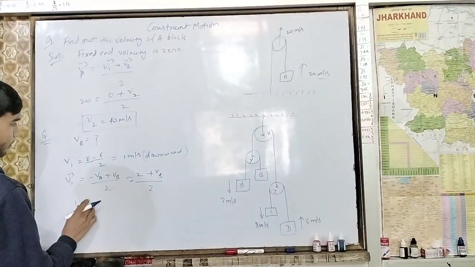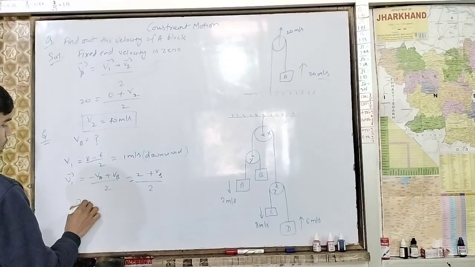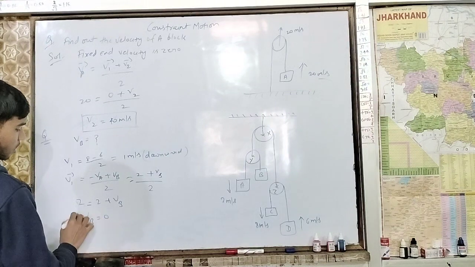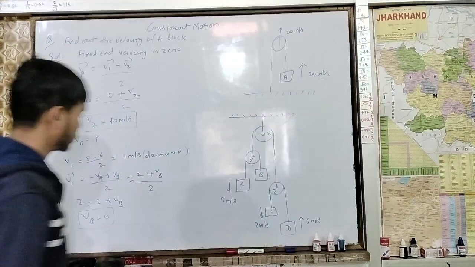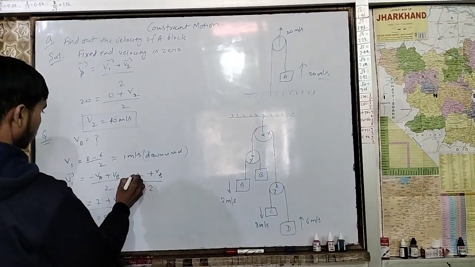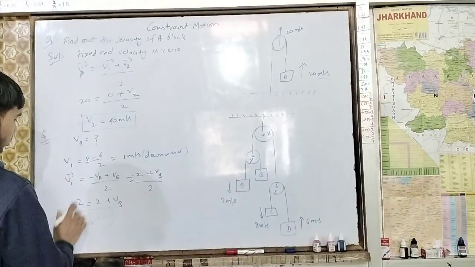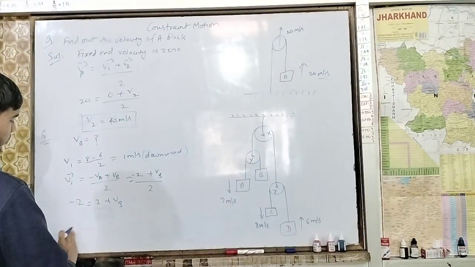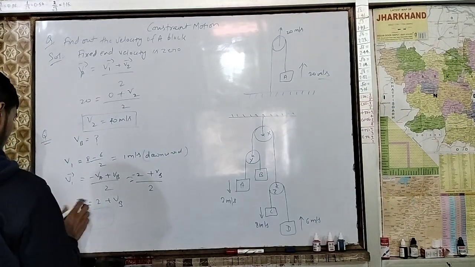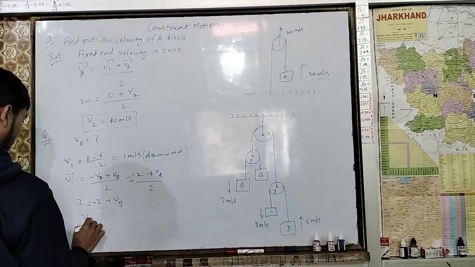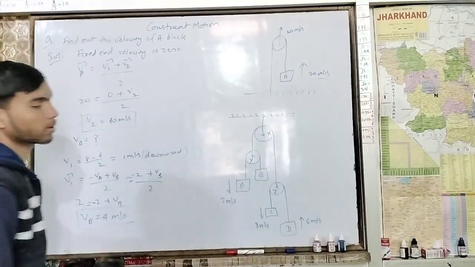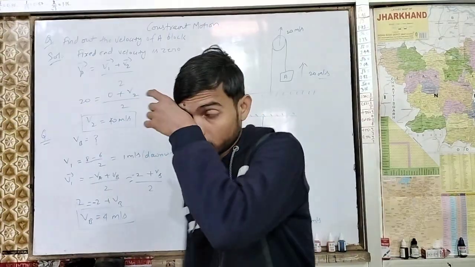So 1 equals minus 2 plus VB upon 2. VB is 4 meter per second. It means block B will be moving with 4 meter per second.